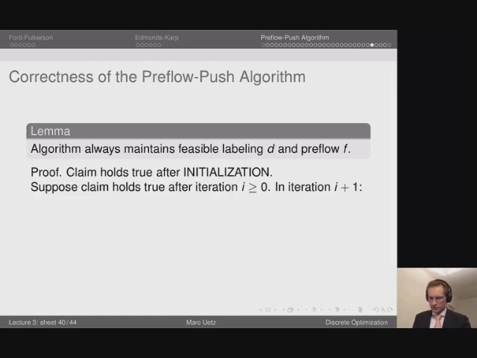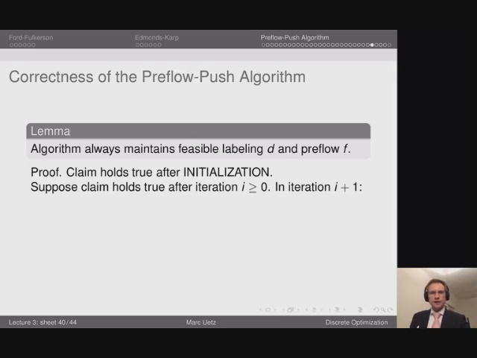So the first step is going to be making that claim after the initialization phase. In the initialization, we are pumping all flow out of the source vertex into all its neighbors. So certainly the corresponding flow is a preflow because all the excesses are non-negative except for the source vertex itself.